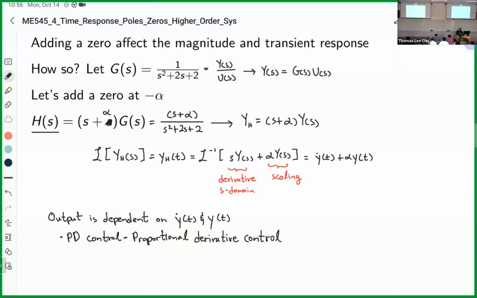PD control uses both your position and your derivative as feedback. The reason why it's called derivative control is because it's looking at the change of your output. The faster something changes, the more aggressive that control will be to counteract that change. So that's why PD control is very useful for things that change really fast and you want a very rapid response to counteract that change.